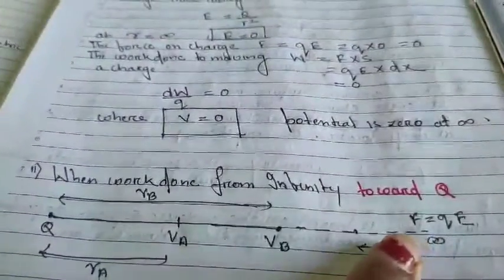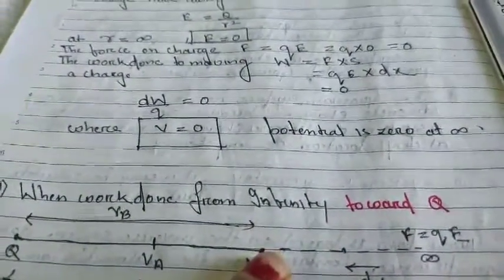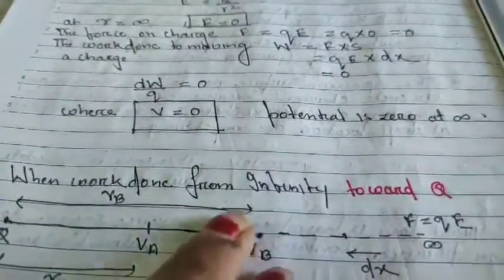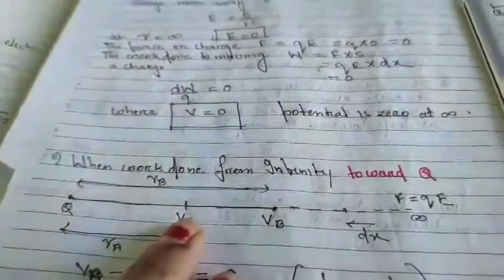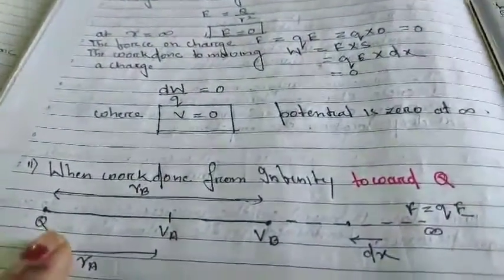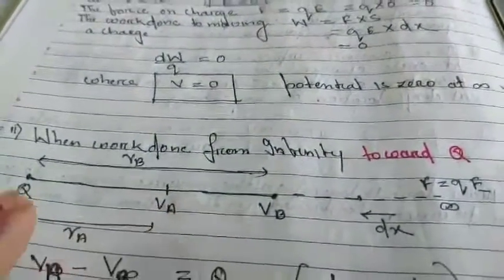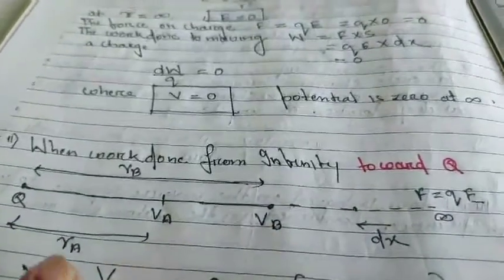Okay, so I have tried my level best to bring a charge from position B. At this position also the charge was at infinity, but once I bring it to this position, it is not at infinity but at a certain point. Clear? So what I have considered, my dear student, the distance from point A is RA, the distance from point B is RB.